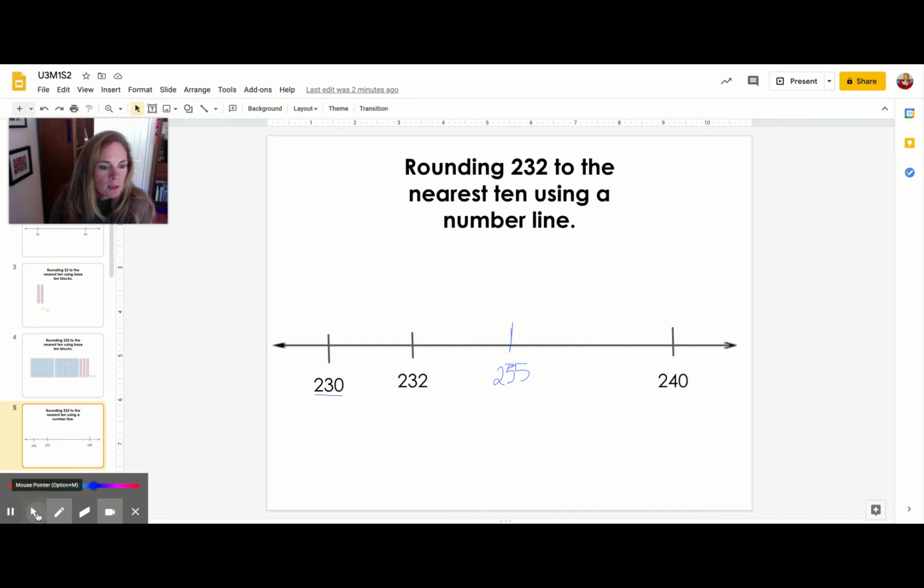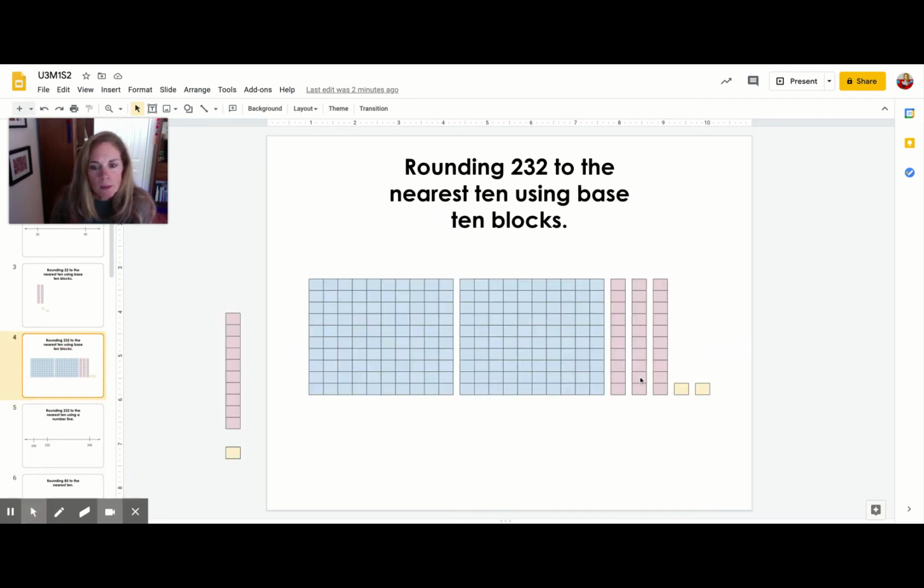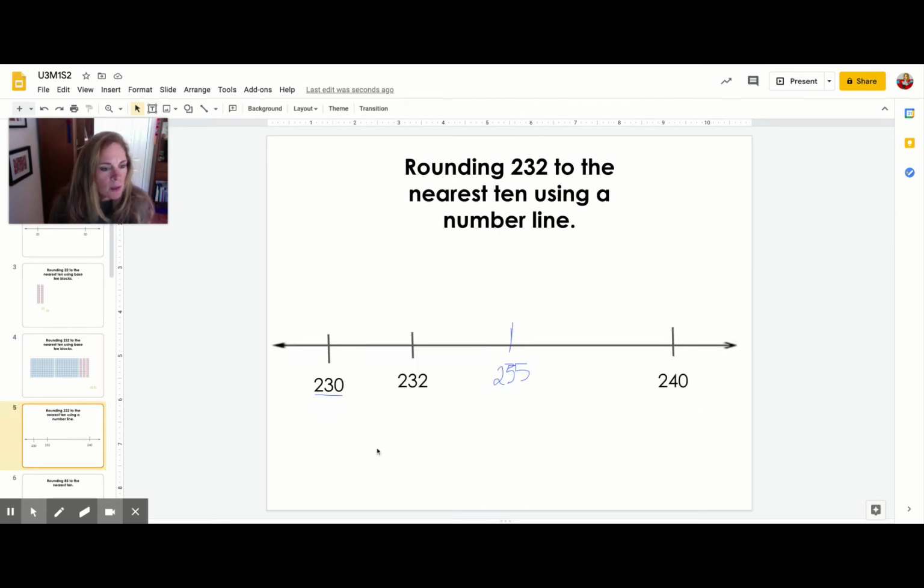And we can go back to the base 10 blocks and say, okay, we just need to take away these two ones, and 232 rounded to the nearest 10 is still 230. So we'll look at that on the number line again.